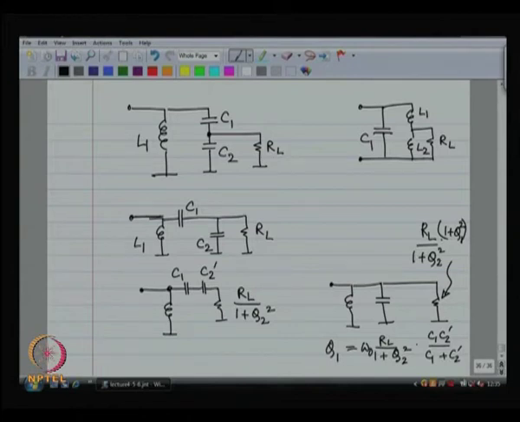And this inductor and the capacitor need to resonate at the desired frequency. So, you have to put the inductor such that it resonates out with the value of the capacitor. Of course, you choose Q 1 and Q 2 accordingly. Okay.